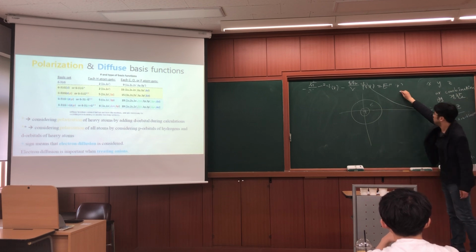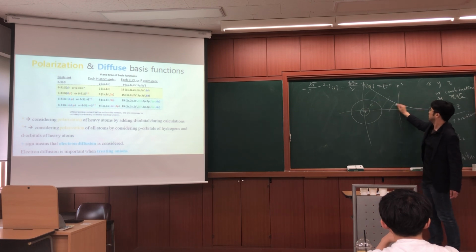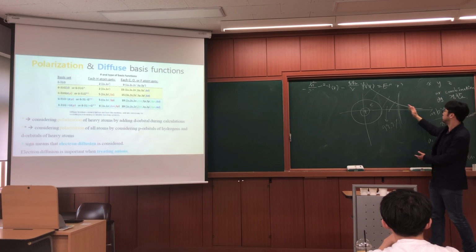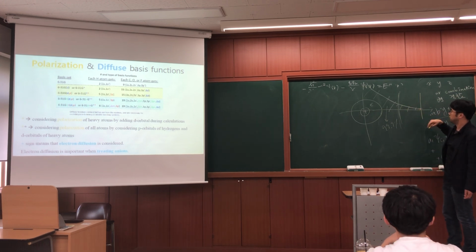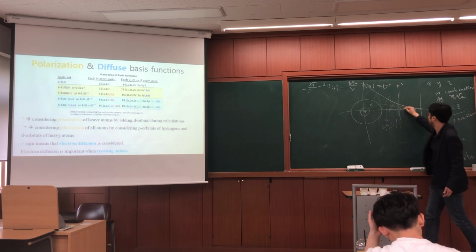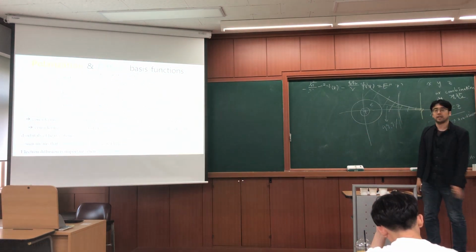Usually we just consider until here. Let's assume that the probability of electrons staying here is about 99.9%. Then I think that's enough up to here. So let's just assume that there's no electron outside of the atom. But diffusion means that we will consider longer regions. We assume that electrons can spread very far away.